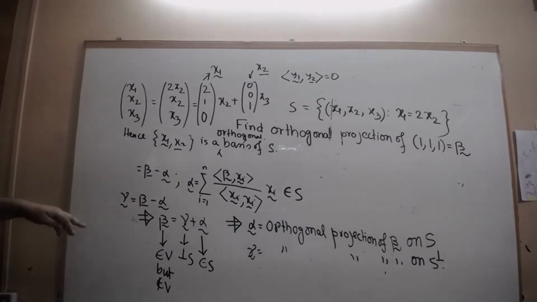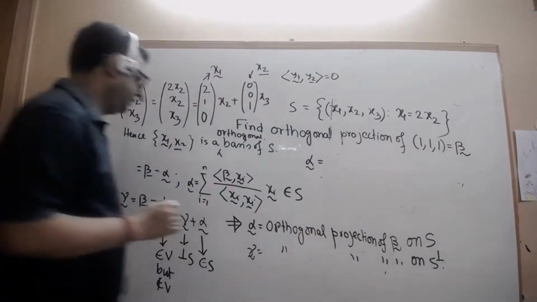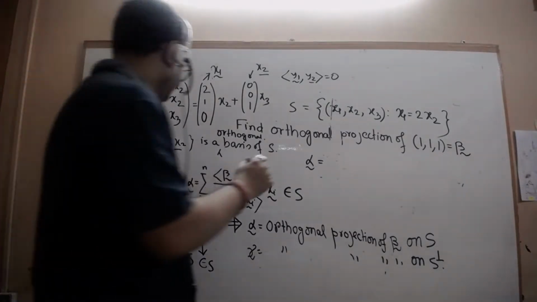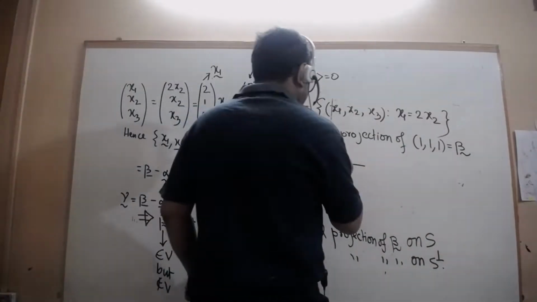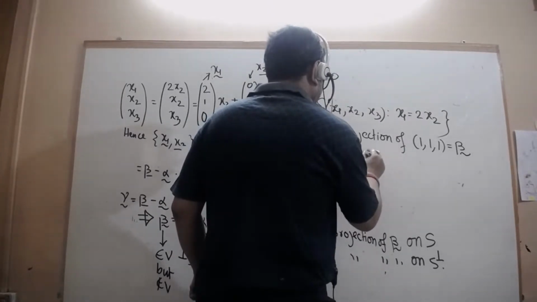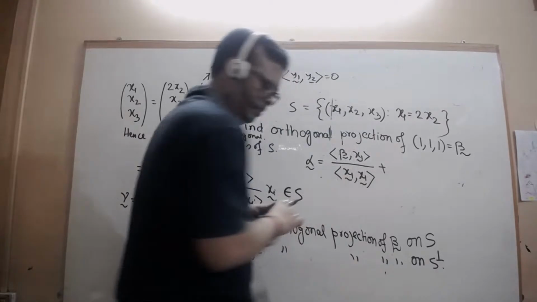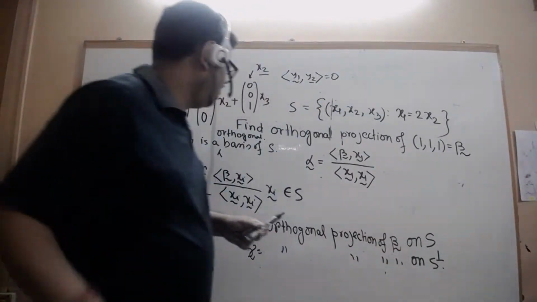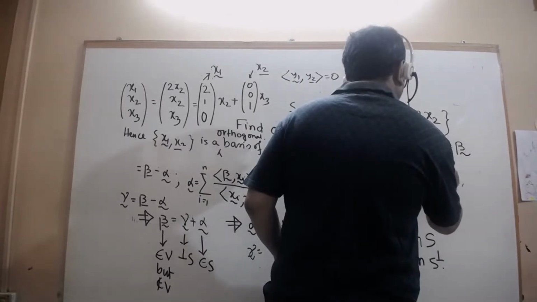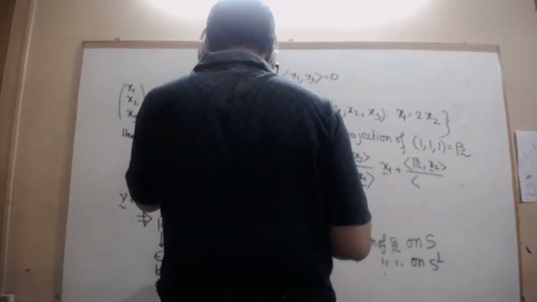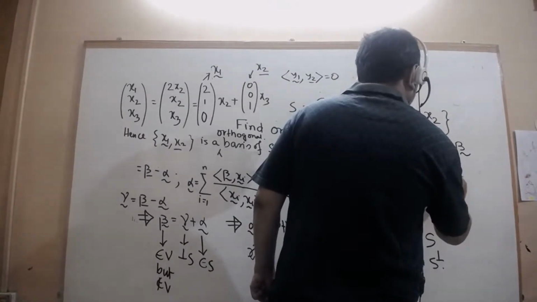Now, the orthogonal basis, which I denoted by alpha, here n is 2, so I write it as beta curl x1 curl over x1 curl x1 curl into x1 curl, plus beta curl x2 curl over x2 curl x2 curl into x2 curl.